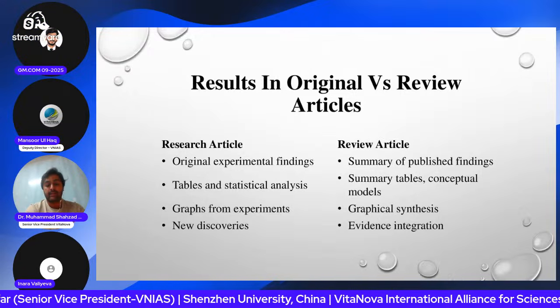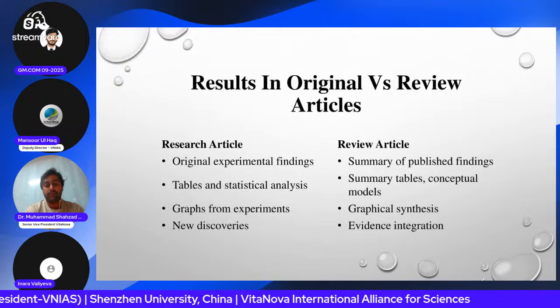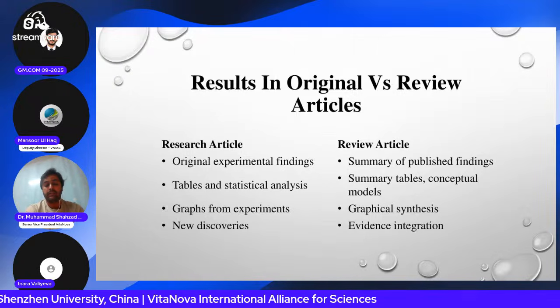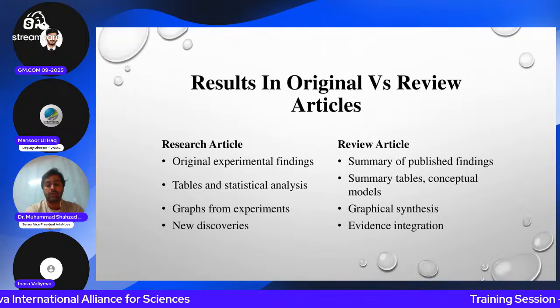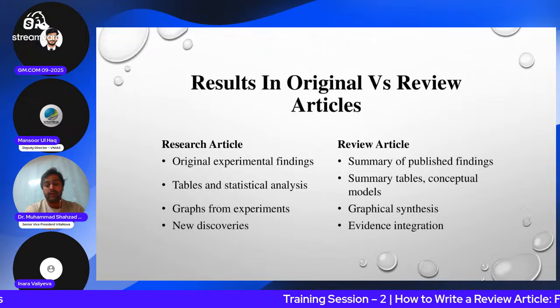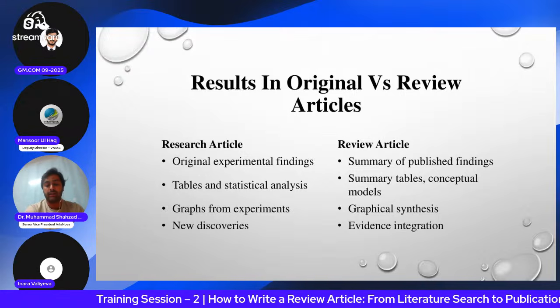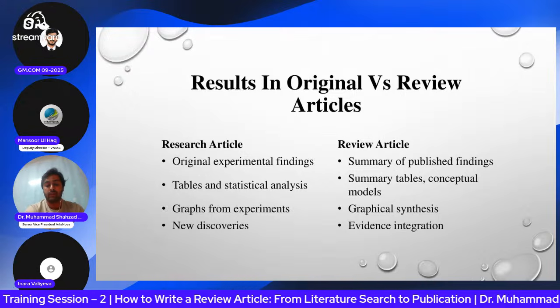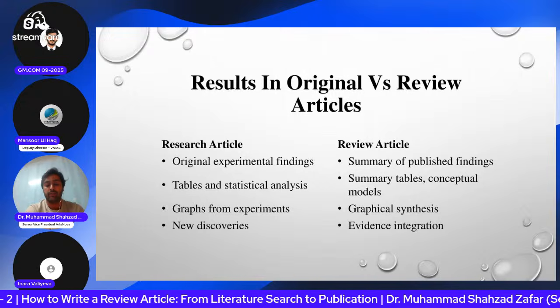Statistical analysis becomes summary tables and conceptual models. We organize studies according to authors, methods, population, mechanism, outcomes, or other relevant categories. And instead of experimental graphs, we use graphical synthesis: we may convert findings from many studies into one integrated mechanism or conceptual figure.